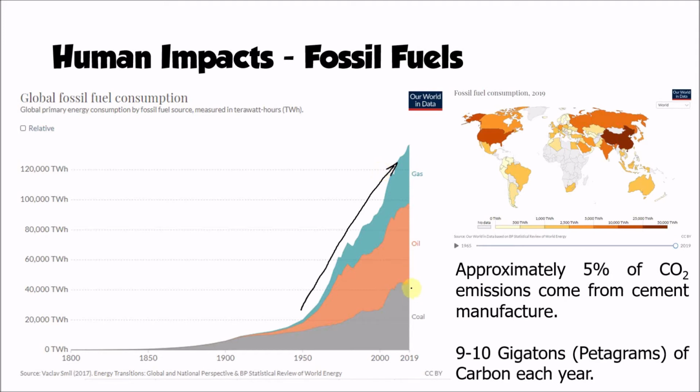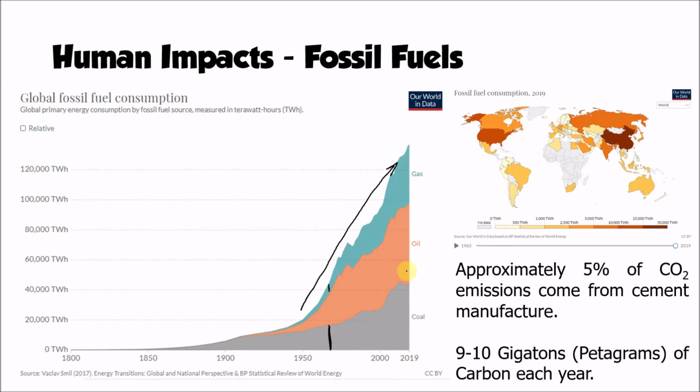Coal in the past used to be the most dominant fuel. Certainly back in the sort of mid 20th century, coal accounted for a significant proportion, much more so than natural gas. However, more recently, the amount of coal use has actually steadied itself off and very much been replaced by the consumption of natural gas.